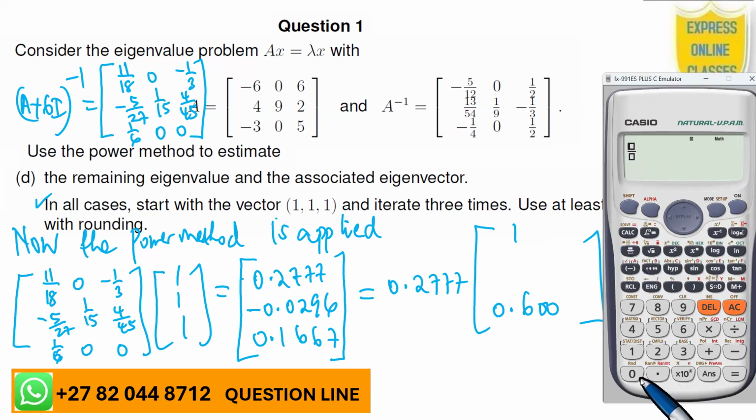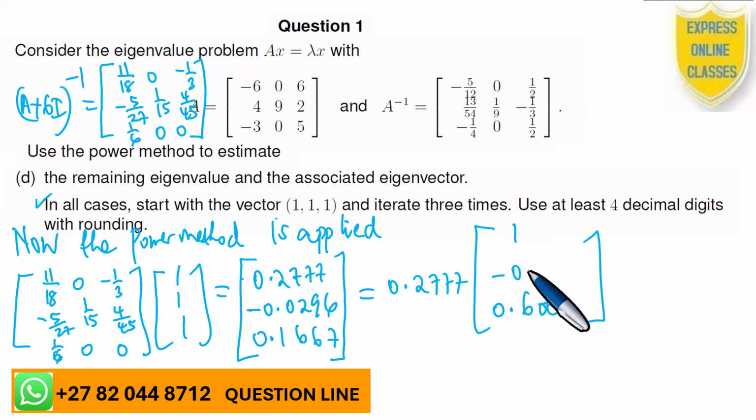Which is 0.0296 over 0.2777, yeah, which is this: minus 0.1067, approximately. So that's correct.